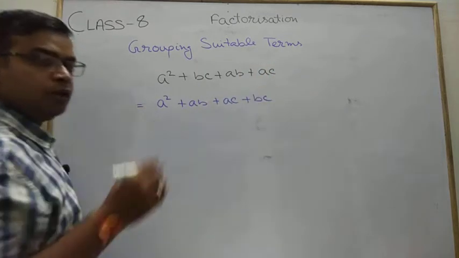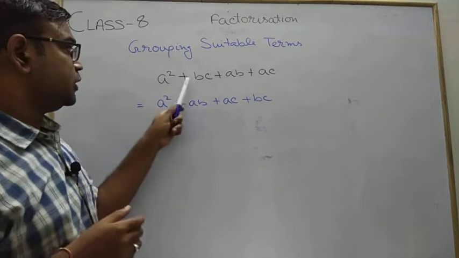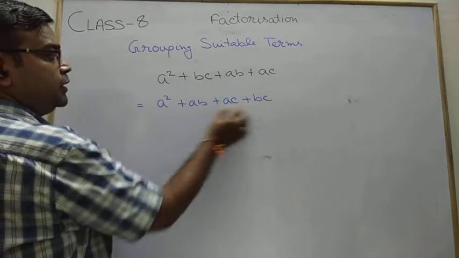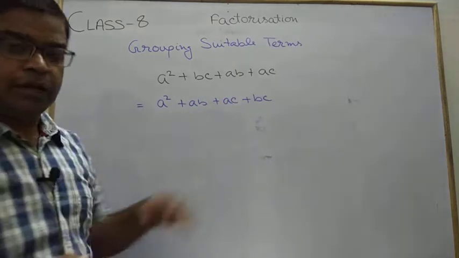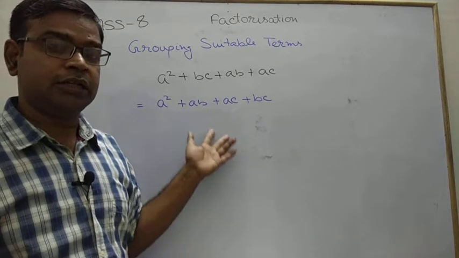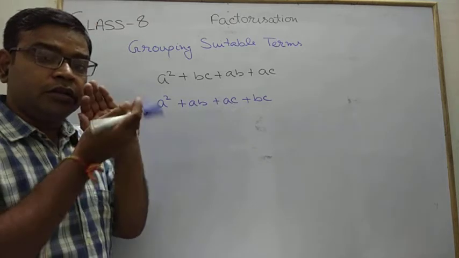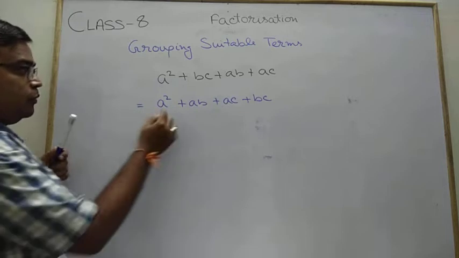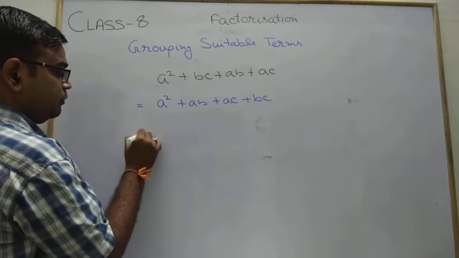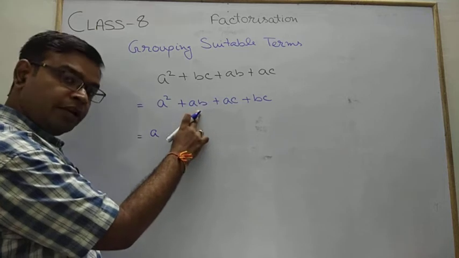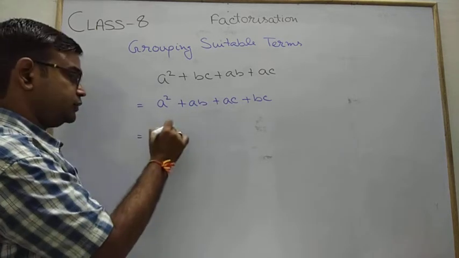And always remember, whenever you are shifting the terms, do not change their sign. I am keeping the complete sign. Though here all are plus, I will discuss one more question where some minus signs are there. Then you can easily understand that you have to shift the complete term with its sign. Now from here we can take A common, because here we have A into A, here we have A into B. A is the common factor.